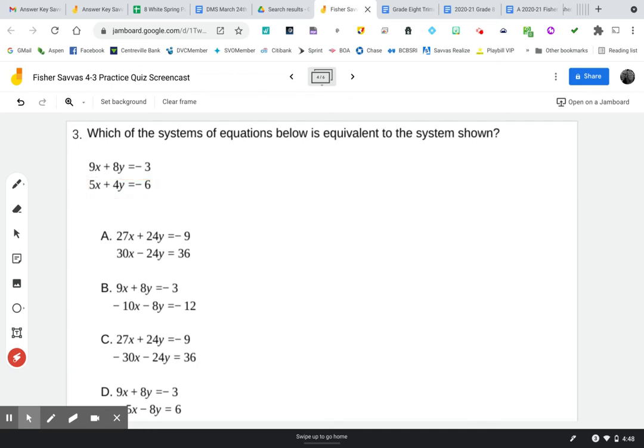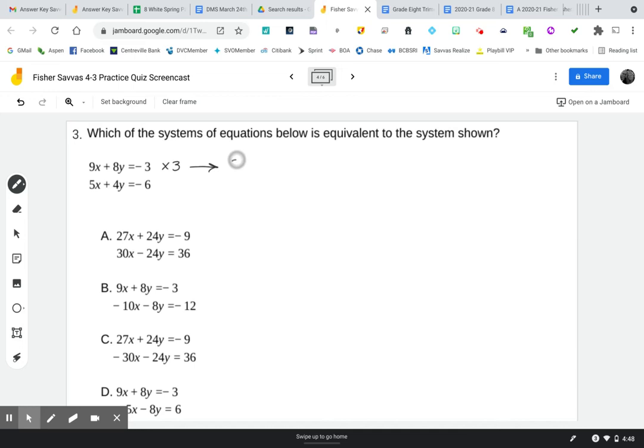Well, if we're looking for a system that's equivalent, that means that we're just multiplying the equations by a constant. So if I look at A as a possible answer, to get from 9x to 27x, I would have to multiply by 3. So let's multiply it by 3.